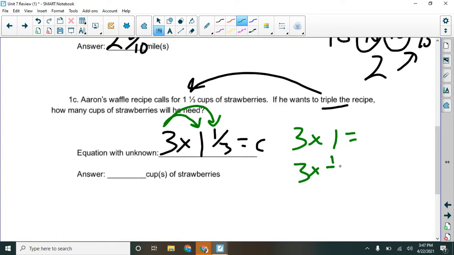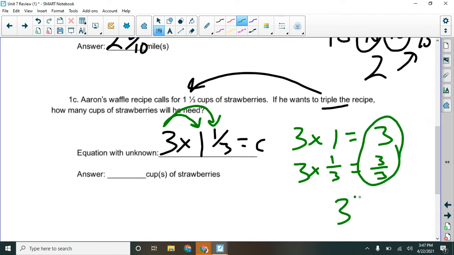Now, I could have taken 1 1/3 and changed it into an improper fraction and then multiplied that and then changed it back. It's fine if you want to go that way, but a lot of times people make mistakes there. So I have 3 and I have 3/3. Well, that's 3 3/3. But of course, those 3/3 make up a whole. So he needs 4 cups of strawberries.